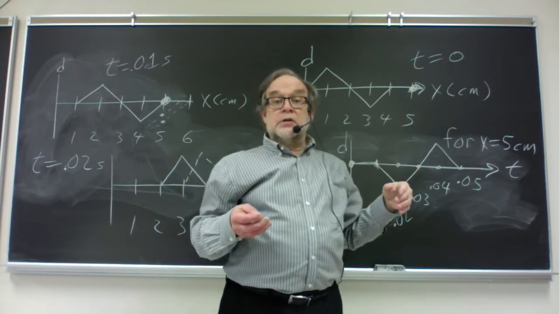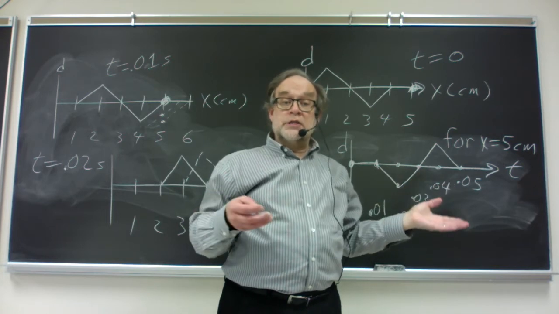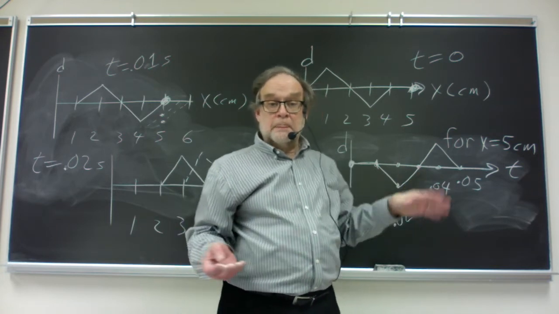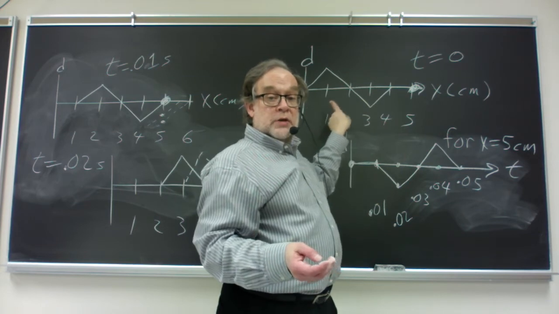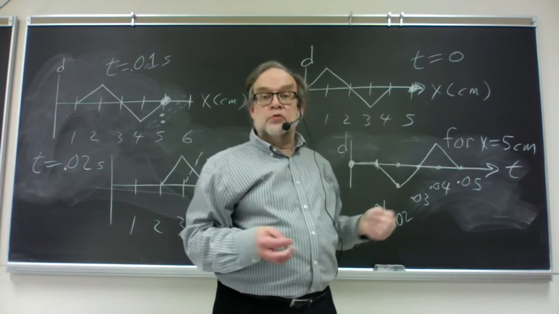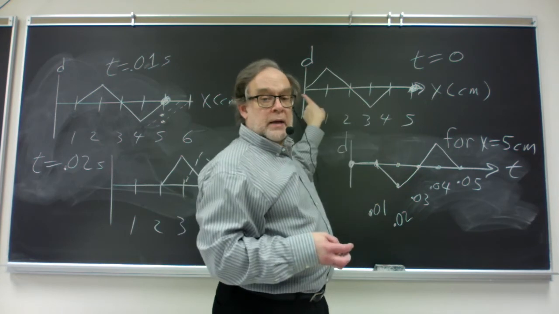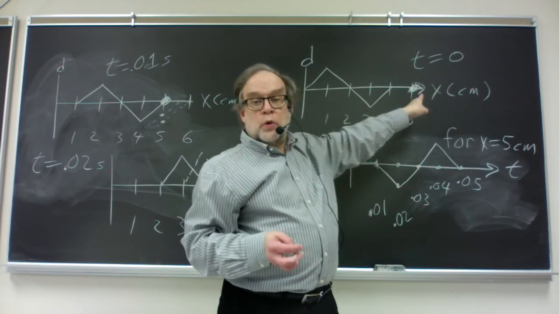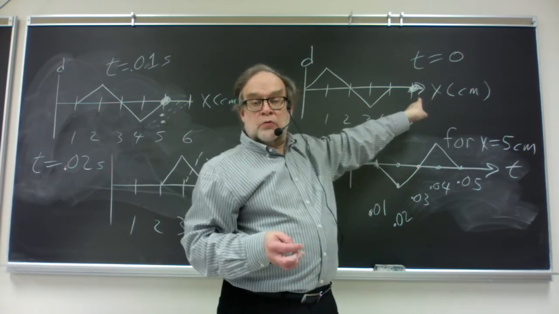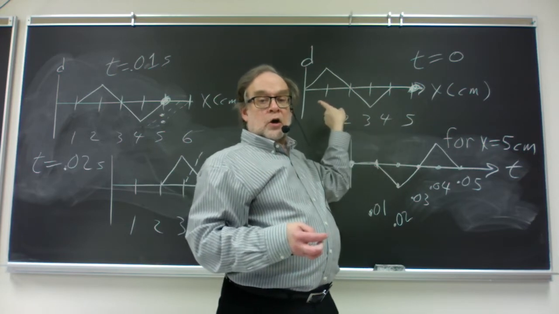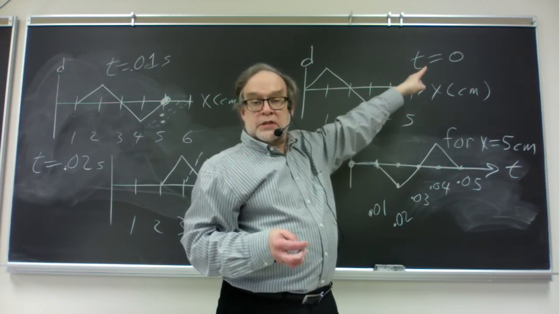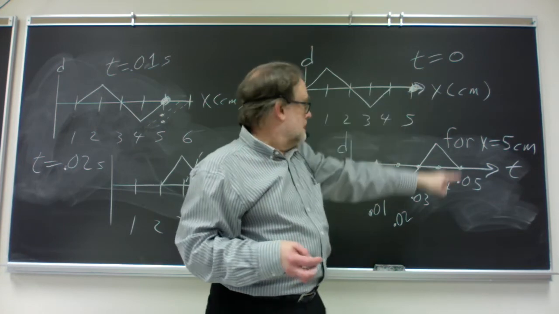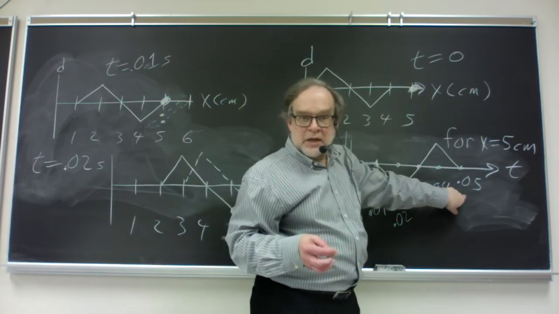And since the speed of the pulse is 1 centimeter in each hundredth of a second, if the back end is 5 centimeters away, it will take 5/100ths of a second for the back end to arrive at x equal 5. So the back end arrives at x equal 5 5/100ths of a second after this. In other words, at this time.